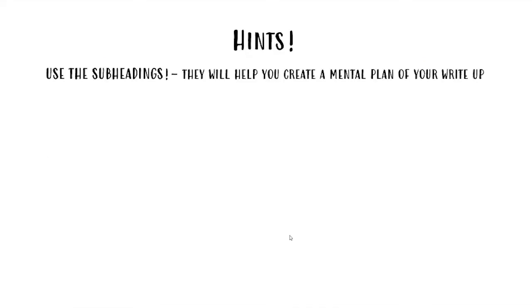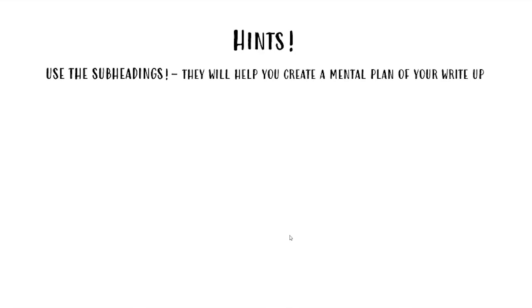So some hints that I give my students: use subheadings. So there are 5 questions. Each of those could be a different section of your answer. So if you're doing the what section, just do a subheading and put all the what features in the what section. If you have the who, just talk about the sampling and the nature of your participants. And then you get to the how, it'll be your procedure and things like that.